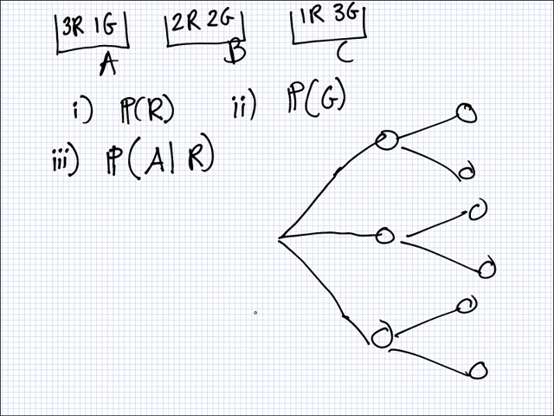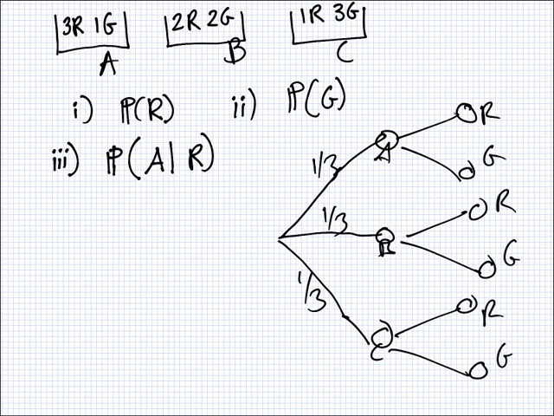Okay, let's have a look at some calculations here. So what are A, B, C? What are the probabilities here? Well, 1 over 3 for each, isn't it? And then red, green, red, green, red, green: 3/4, 1/4, half, half, 1/4, 3/4.